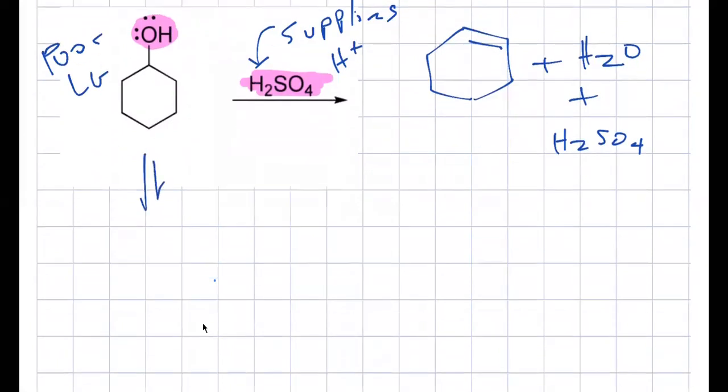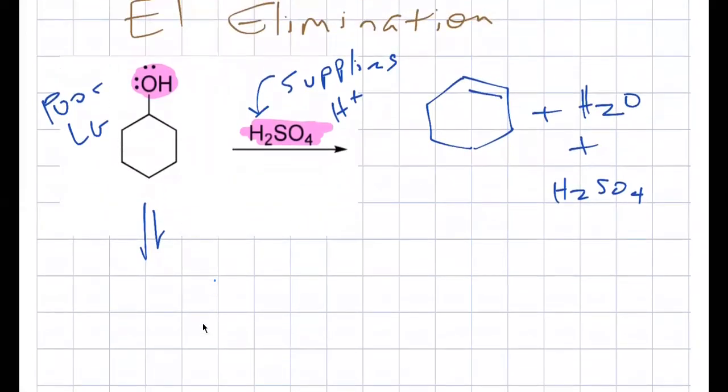Or hydronium ion. So let me draw out sulfuric acid, so you'll see exactly what it looks like. So it's this. And I'm going to keep this structure up here too because it's very important to the overall mechanism. So this proton is going to get plucked off.